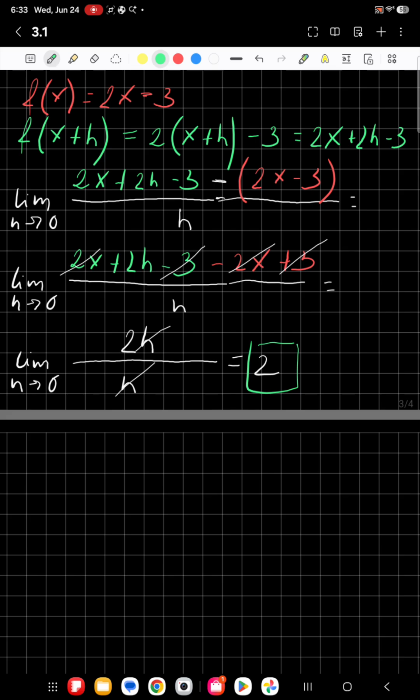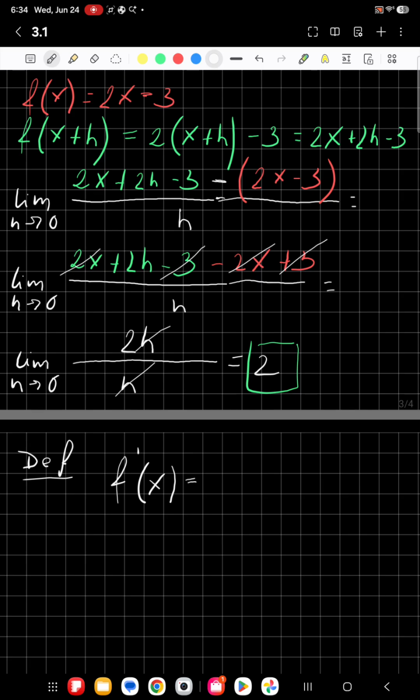So let me officially write the definition of the derivative. Instead of writing that slope, if I just have a straight line and I'm calculating the derivative, I'm going to get a slope.